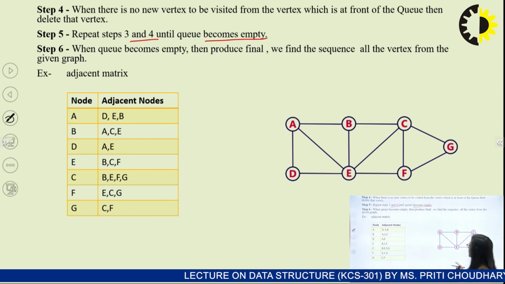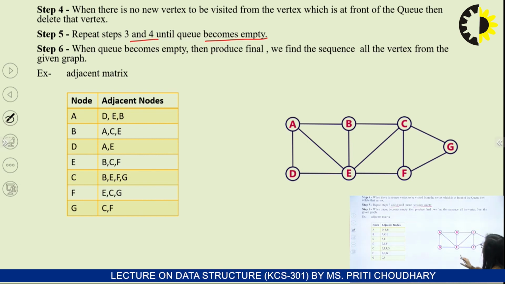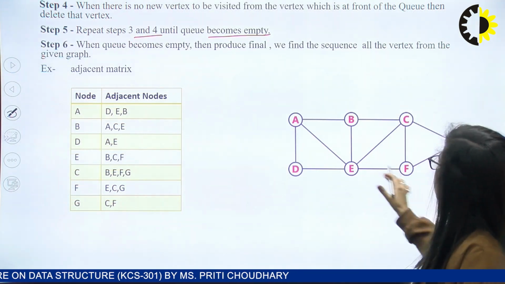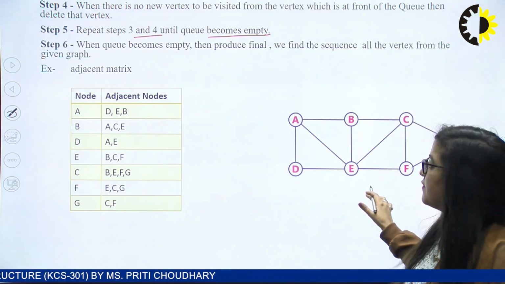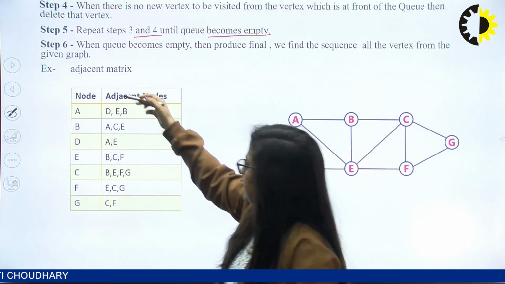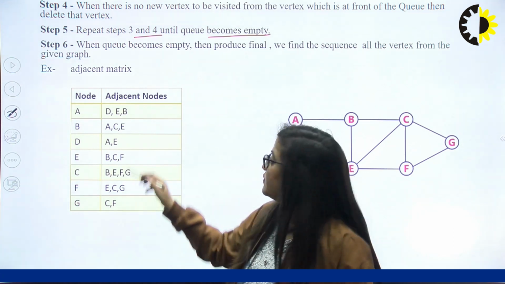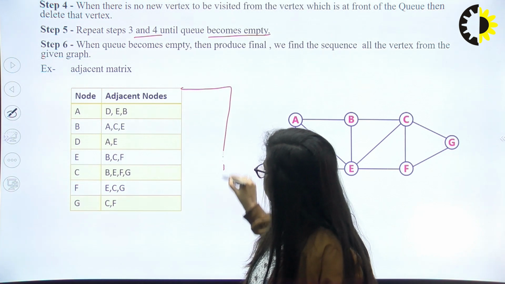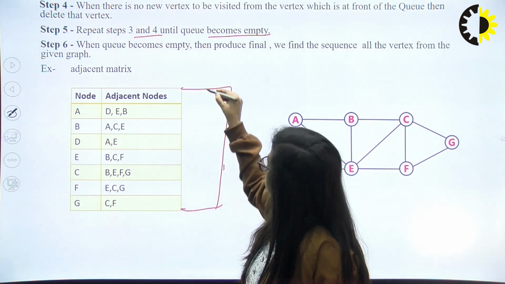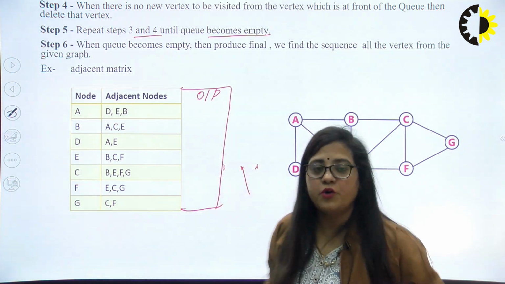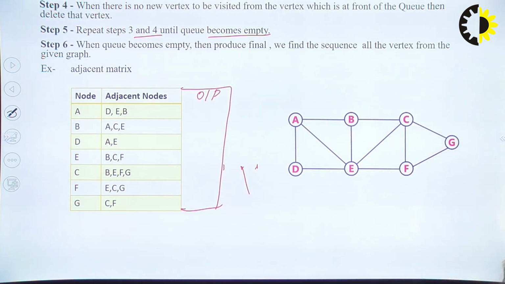Let's suppose we take an example here. According to this graph, A, B, C, D, E are the vertices of the given graph. First of all, make a table. This is the main node where we want to search one by one. It has an adjacency list, and then we check the output, which is the order of nodes deleted from the queue.